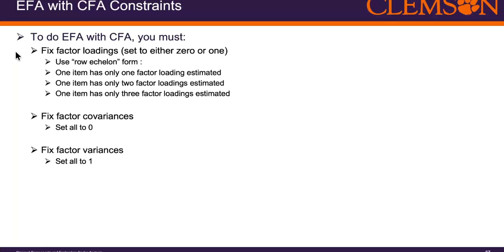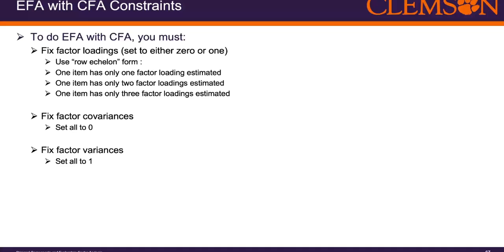So again, to do exploratory factor analysis with confirmatory factor analysis, you must first fix a set of factor loadings to 0 or 1. I call this, or actually my mentor called this, row echelon form. Let's imagine we have the 4-factor model that we saw previously in the EFA analysis.